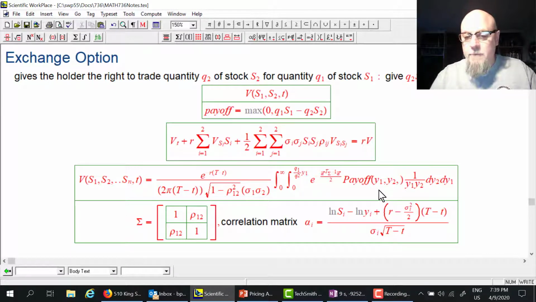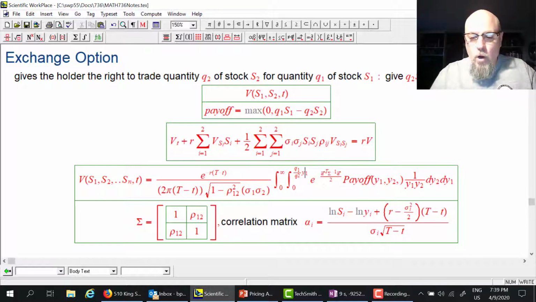So when we integrate with respect to y2, we're subbing in from 0 to the endpoint, remembering we're integrating over the y's.